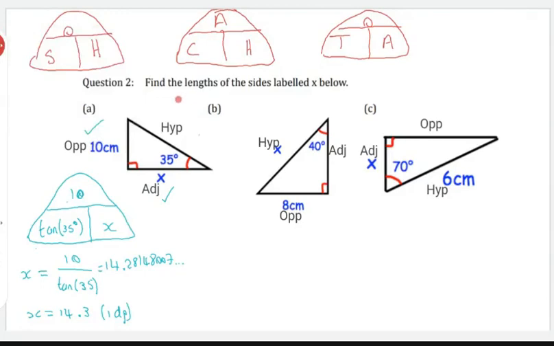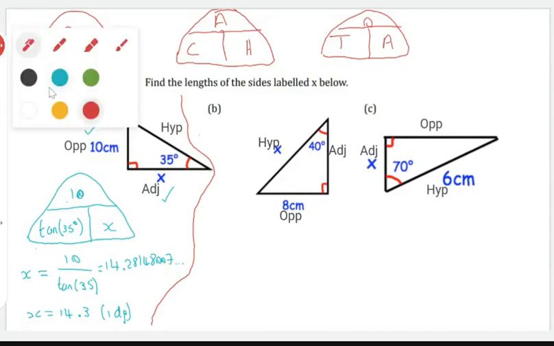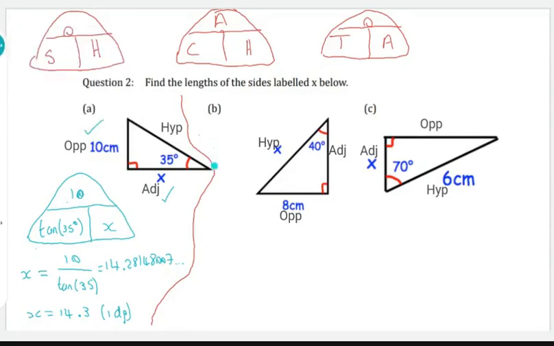So we've gone through the process of trigonometry there just to work out a side length. How is that for you? It seems all right. I think hopefully we can get that from it seems all right to I'm confident with it by the end of this lesson.